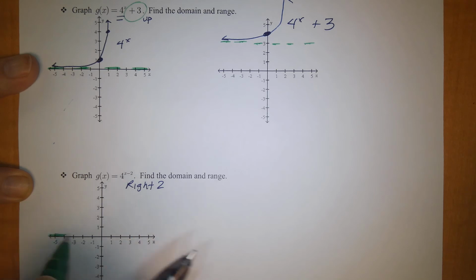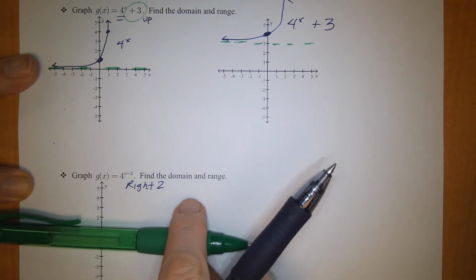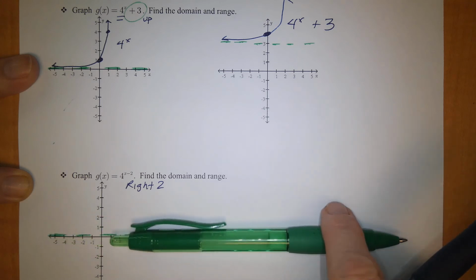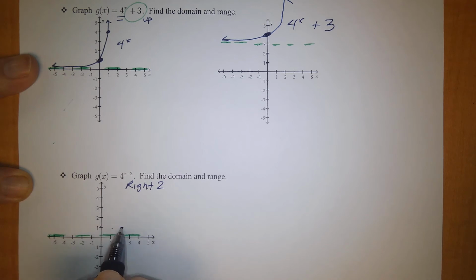The horizontal asymptote is not going to move, since it's just shifting to the right, so it doesn't really give the illusion of moving. But this intersection point, which used to be at (0, 1), is now going to be located at (2, 1). So my graph will look like that.